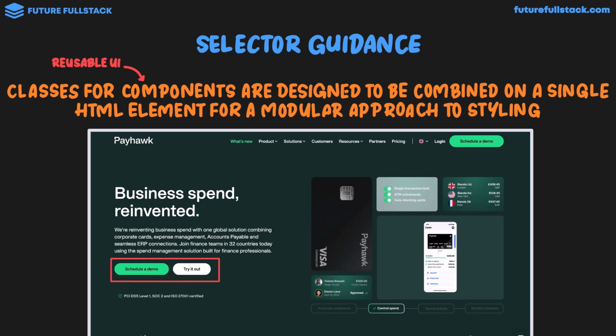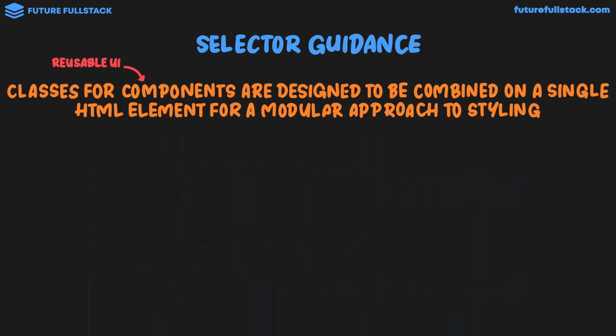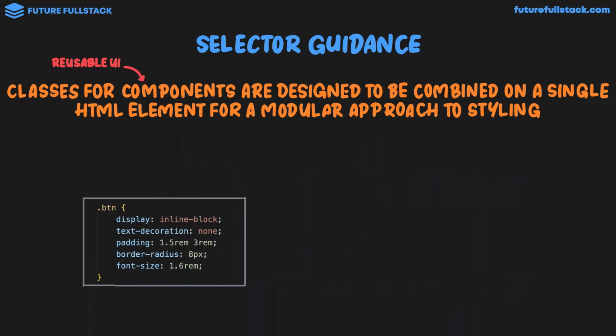So let's now look at the best approach to creating this component in CSS with class selectors. We'd first define a class like this, which sets the button structure. Now, don't worry at all about any of the properties here. Most of them are box model properties you may have come across already. Just know for now, you need them to create the structure of a button, and you can learn more about the box model in my video in the description below.